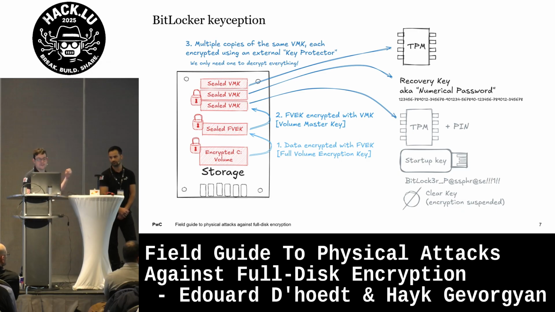So you have, for example, the TPM, the recovery key, TPM plus pin, startup key, which is a USB drive, passphrase, or the clear key, which is a blank key that allows you to decrypt the data without having to enter anything. So that's the way it works when you suspend BitLocker, for example. It doesn't actually decrypt the data; it just overrides the key protector with a fixed blank key.